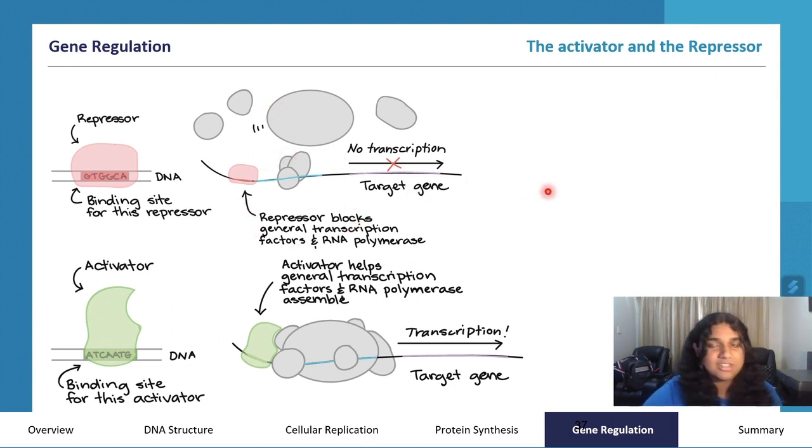So no transcription can occur and this protein will not be expressed. On the other side, we've got activators. So these are like our green sites here. It will activate onto a binding site that hooks RNA polymerase onto the DNA strand itself, which lets the RNA polymerase transcribe the target gene, which is in purple over here.